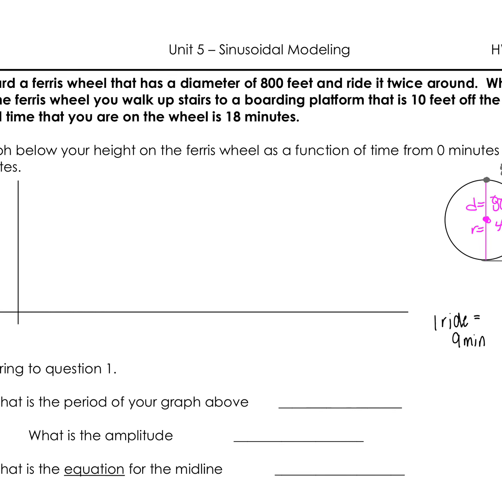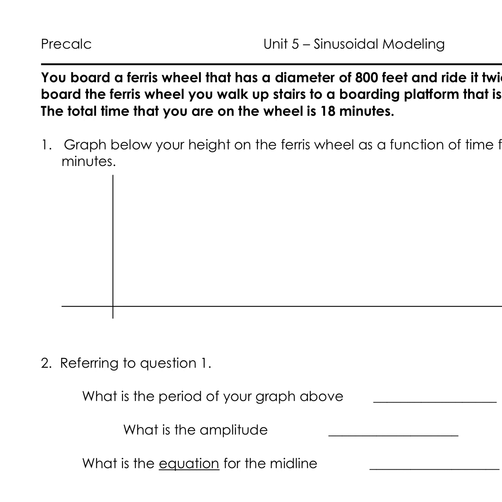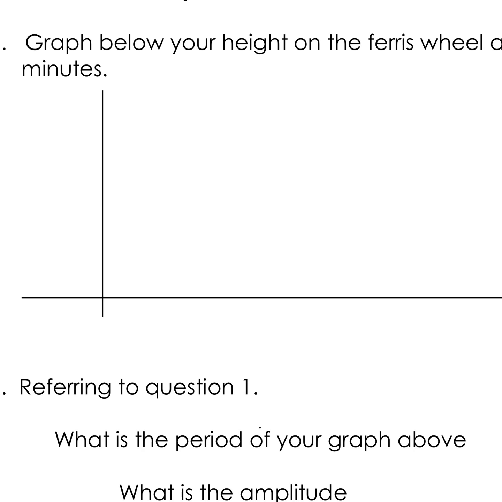Now that we have that, we can do our intervals here. We've got 0. And then for our next one, we add 2.25, and we just keep adding 2.25. So 4.5, 6.75, and then 9. That 9 gets us back to where we started, right?